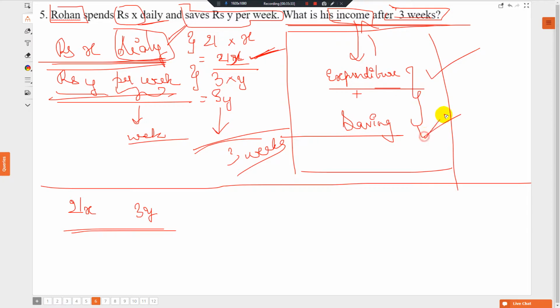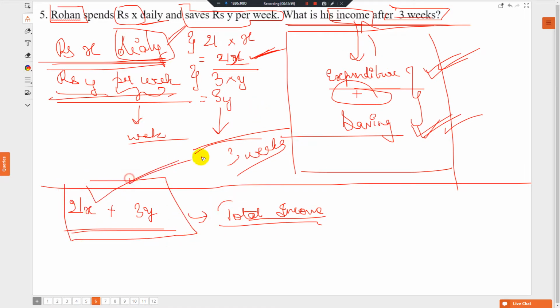Addition. 21x plus 3y gives us the total income. So this is his total income.